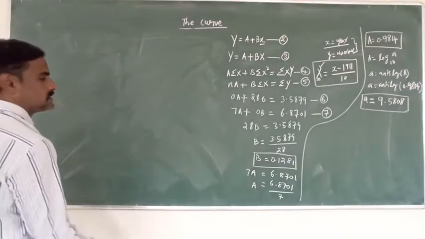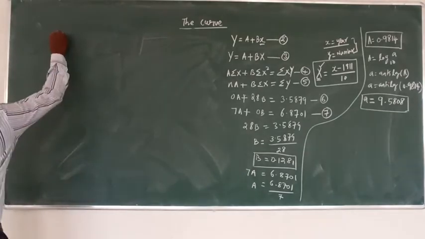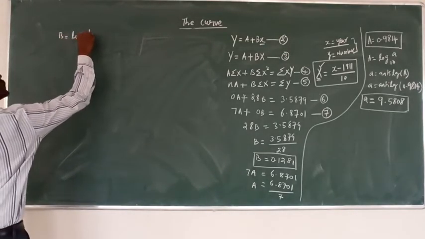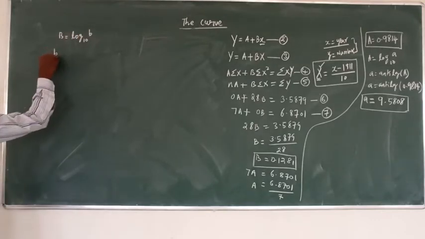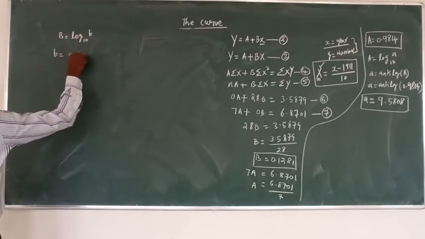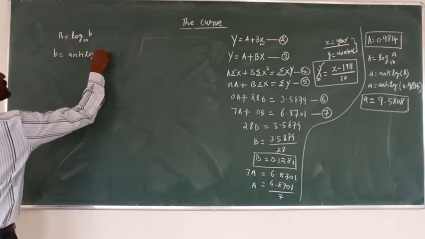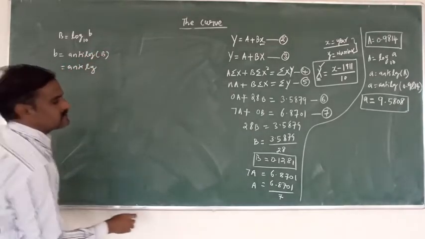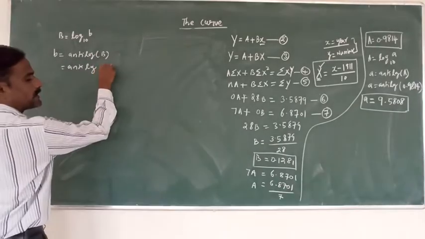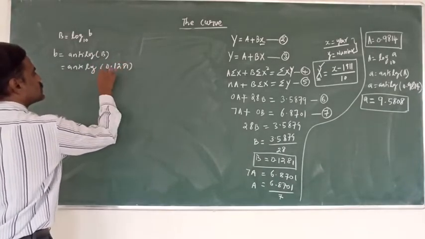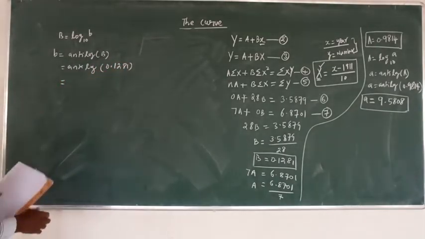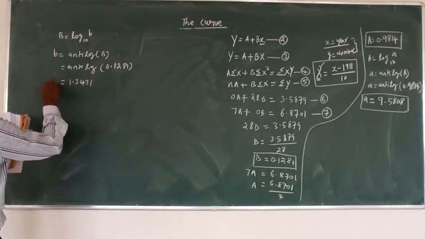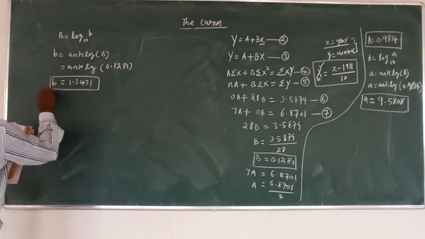Next, B: the formula is capital B equal to log of 10 power small b. Requirement: small b equal to anti-log of capital B. Anti-log of capital B value 0.1281. We can take the anti-log. Now the value is 1.3431. This is for small letter b value.